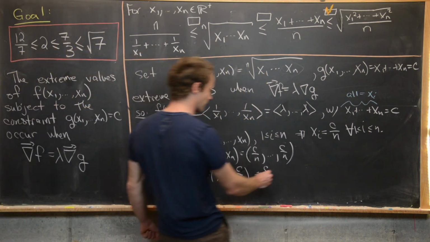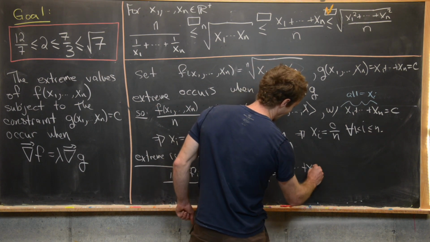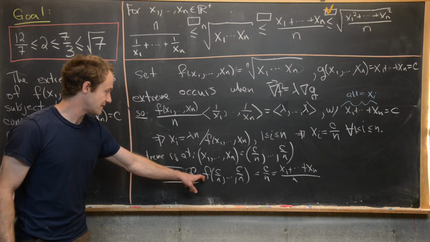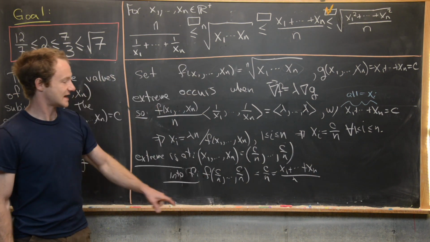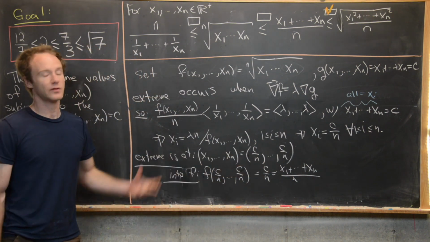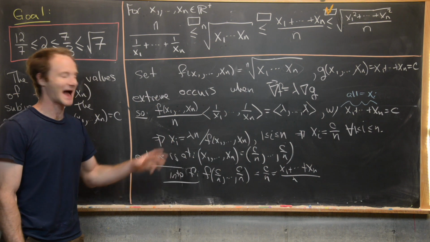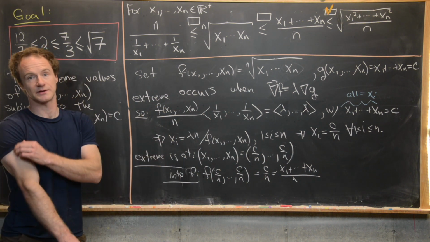But notice c over n is exactly equal to x1 plus up to xn over n. So in other words, the extreme value of f of x1 up to xn will be x1 plus x2 plus all the way up to xn over n. That's the maximum that this can be, subject to this constraint.